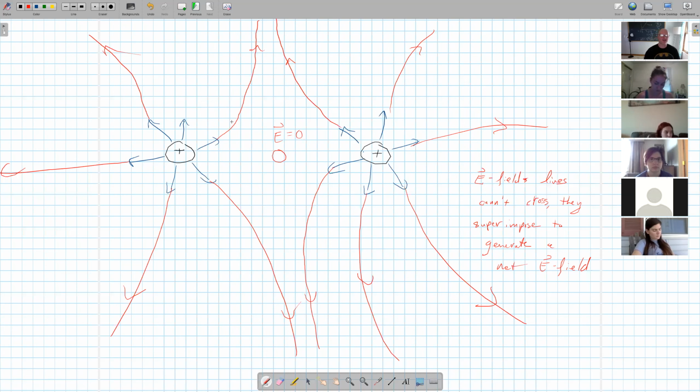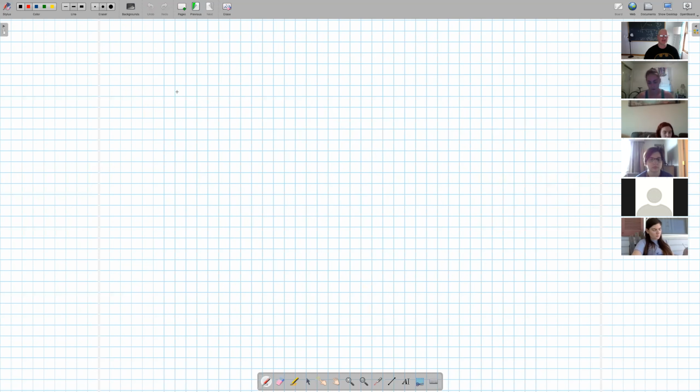So one more charge configuration I want to draw for you is something we're going to see kind of a lot, and this is what's known as an infinite sheet of charge. Okay. So an infinite sheet of charge. Let's say here's my sheet of charge.